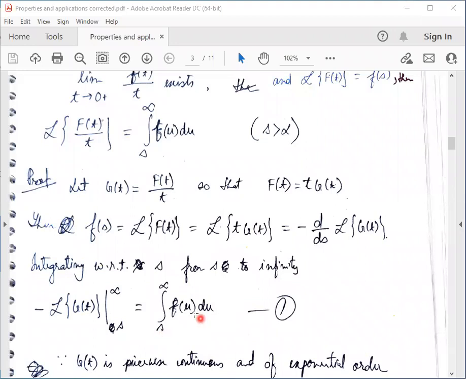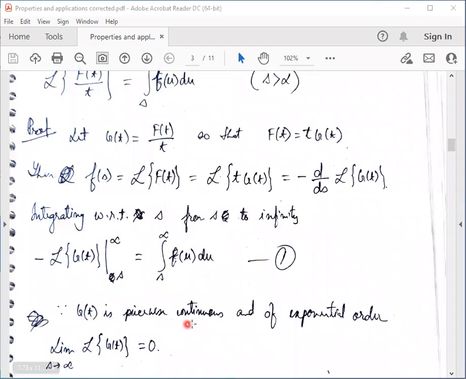Okay, so this can be replaced by u, or by any other variable, omega, v, any variable you like, because the final answer will only depend upon s. This is a definite integral, so the final answer will depend only upon the limits. It will not depend upon the integration variable.